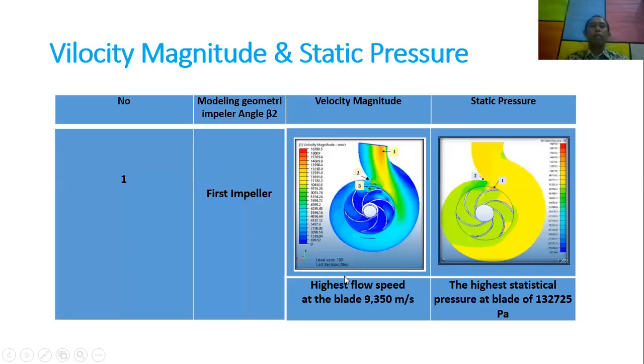Here, we have velocity magnitude and static pressure. Number 1, the higher flow speed is 9.350 meter per second, and the highest static pressure at the blade is 13,275 Pascal.